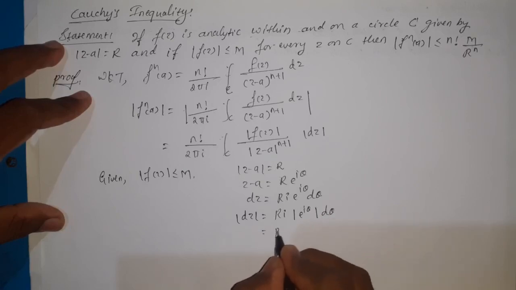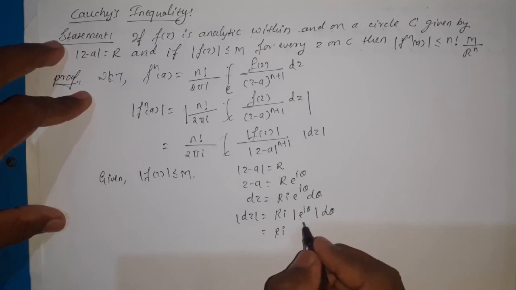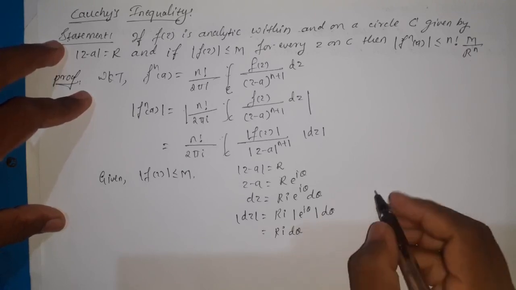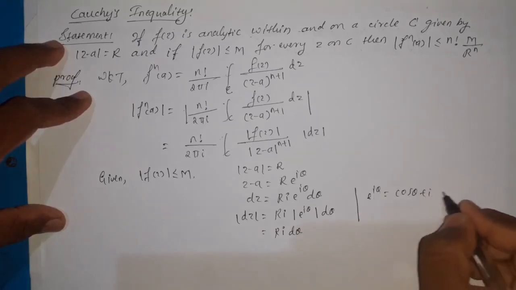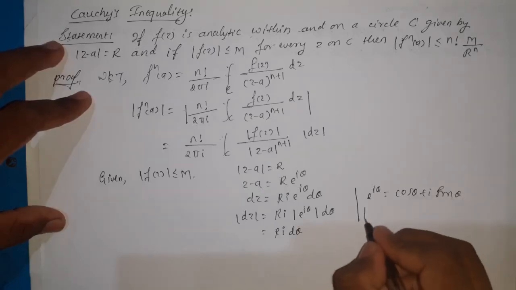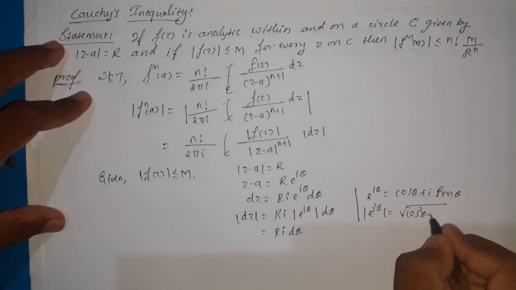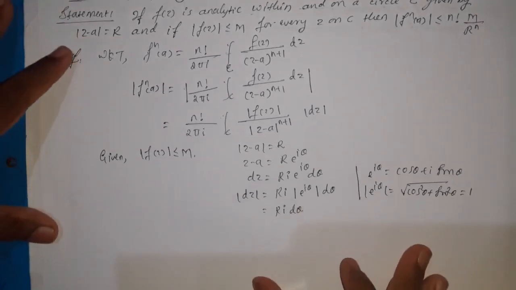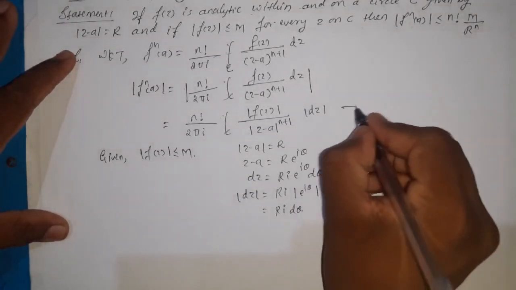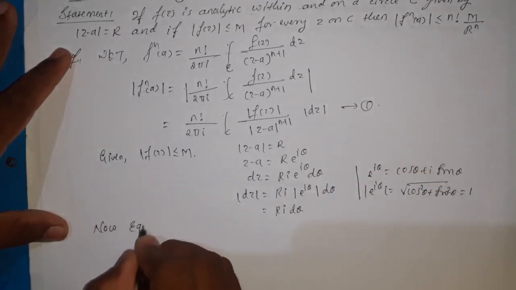It implies that it is r, and we know that the modulus of e^(i theta) is 1 into d theta, because e^(i theta) is equal to cos theta plus i sin theta, then the modulus of e^(i theta) is the square root of cos squared theta plus sin squared theta, which is equal to 1. So let us consider this as equation number 1.